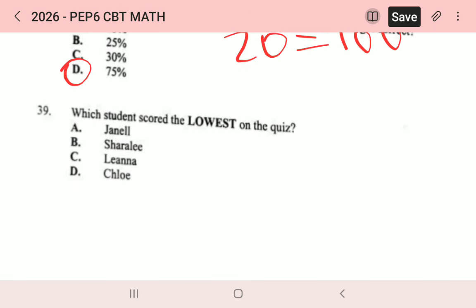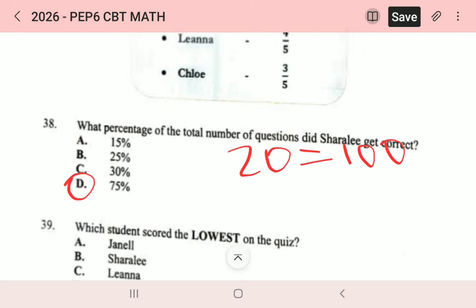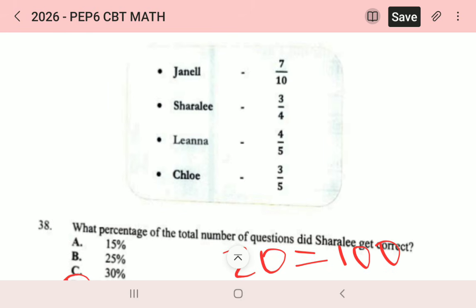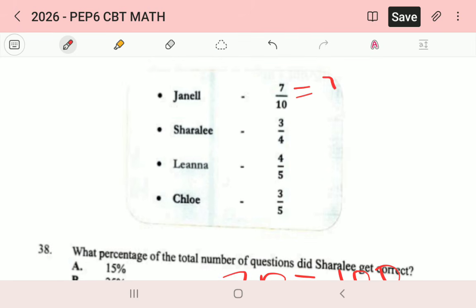Which student scored the lowest on the quiz? This is 39. So which one scored the lowest? If you got 7 out of 10, that's 70%. This one got 3/4, which is 75%. 4/5 is almost all of it, about 80%.